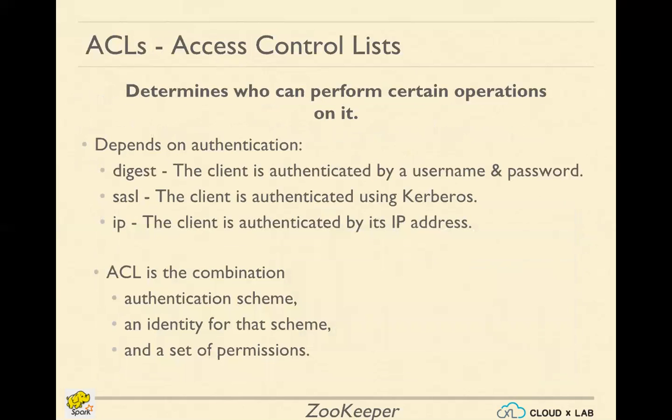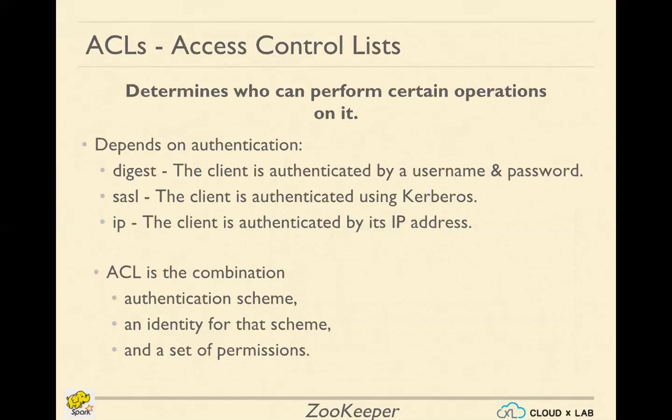Okay. So the other part of Zookeeper, which is important, is access control list. It's important to know that we can restrict who can perform which operation on Zookeeper by way of defining an access control list. Why is access control list important?